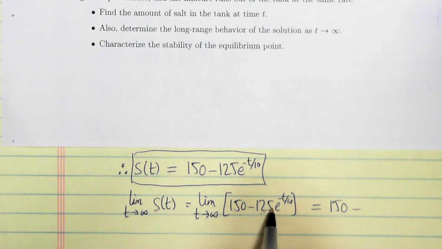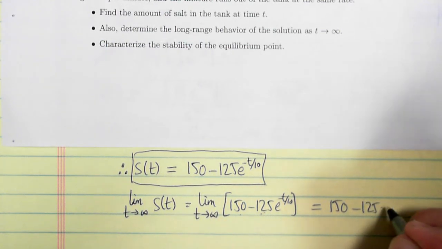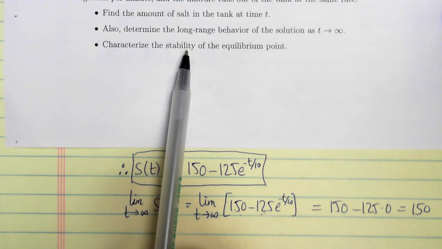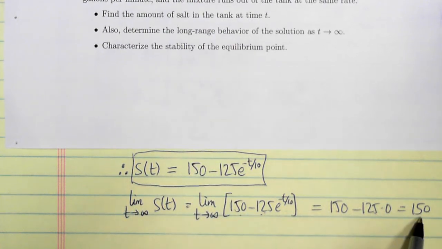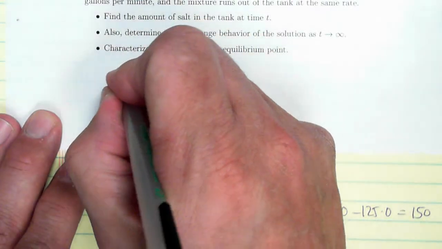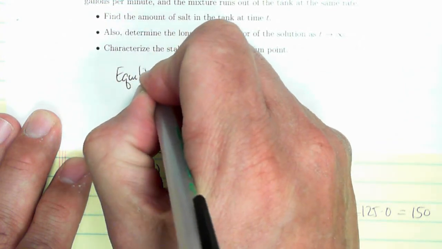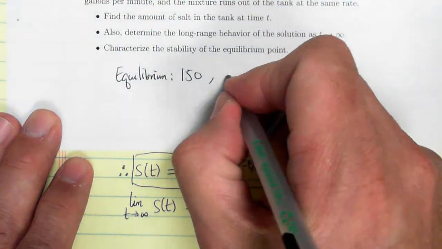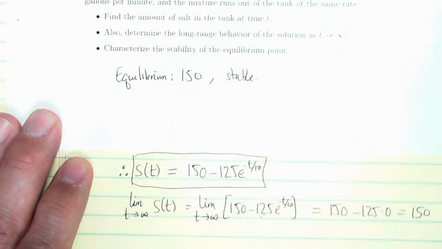And this part, as t goes to infinity, because I have a negative in the exponent, that part goes to 0. So 125 times 0, which equals 150. So the last part characterizes the stability of the equilibrium point. The equilibrium point is going to be 150. And just from calculating this limit, that's going to be a stable equilibrium.